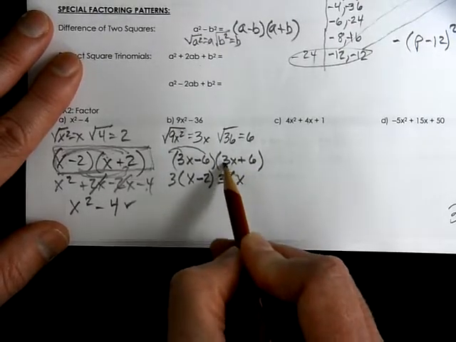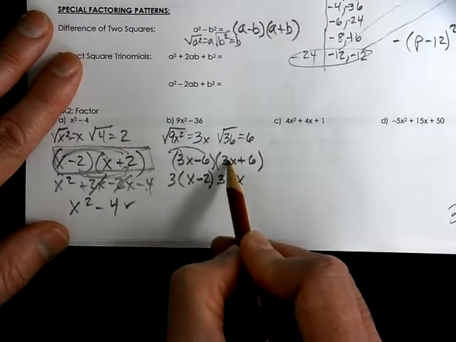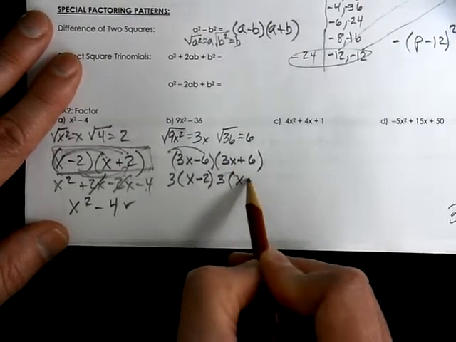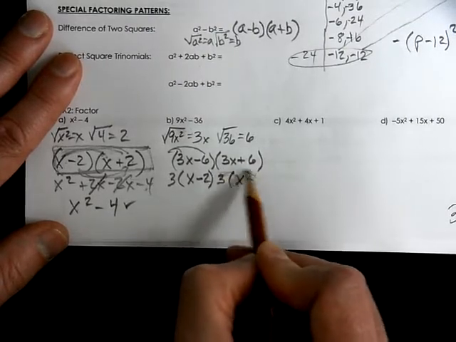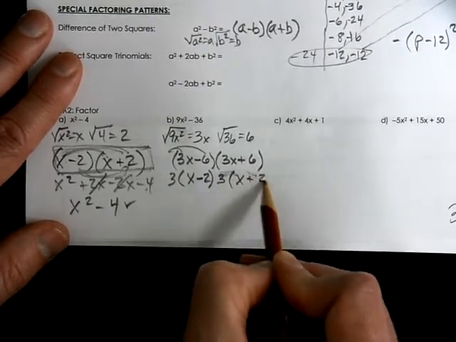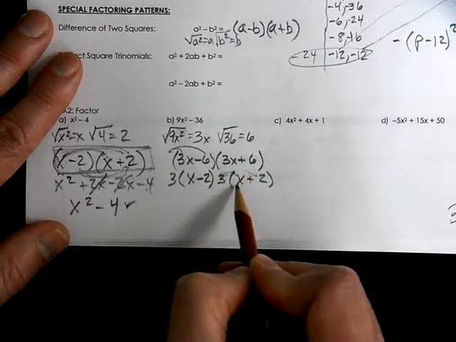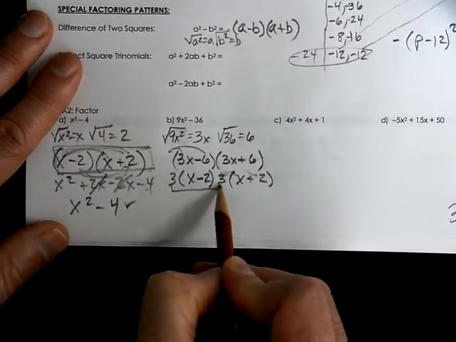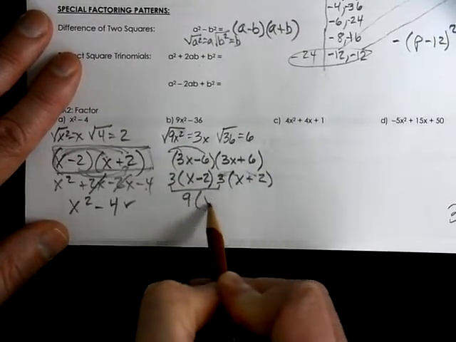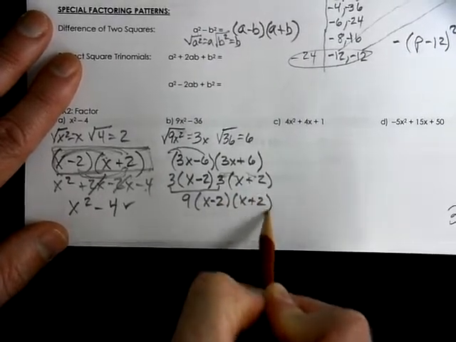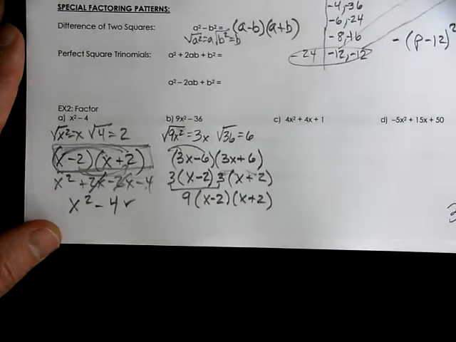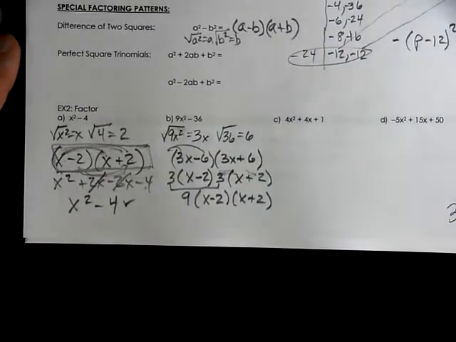And when I multiply it back in, it would be 3 times x. And what I'm missing on this side, what does it take to make the 6, would be 3 times 2. So I'm just doing the GCF. Since I pulled out 2 items, the best answer that you can give would be 9, x minus 2, x plus 2. That's the correct answer.